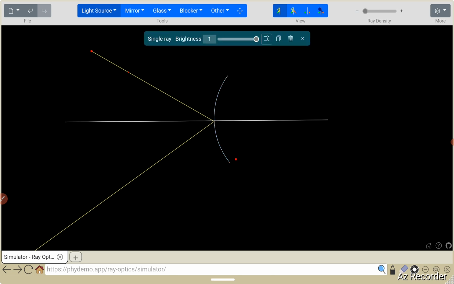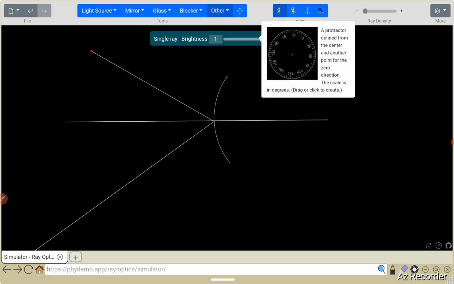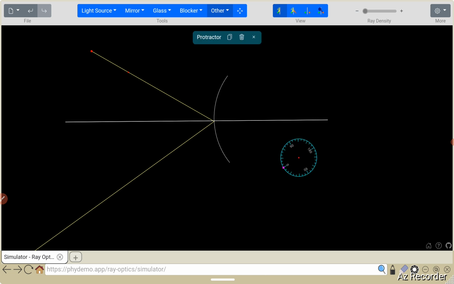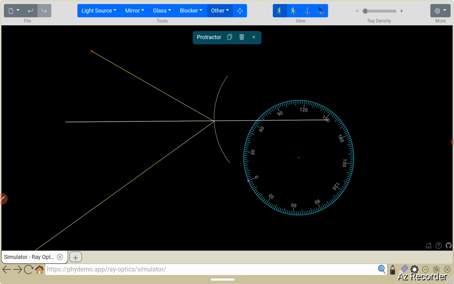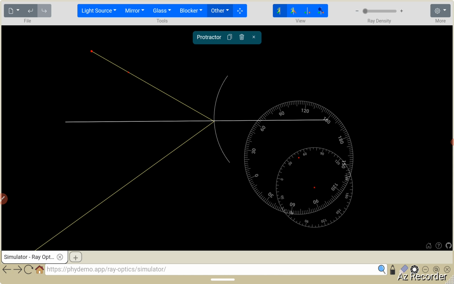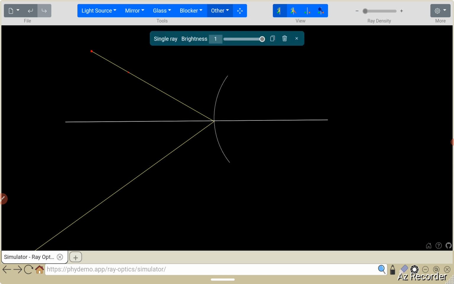If this is the mirror, this will be the pole. Now let me take the protractor to measure the angles. If there is any small difference, don't get confused, because small differences you will have, because we cannot take lines straight, correct?